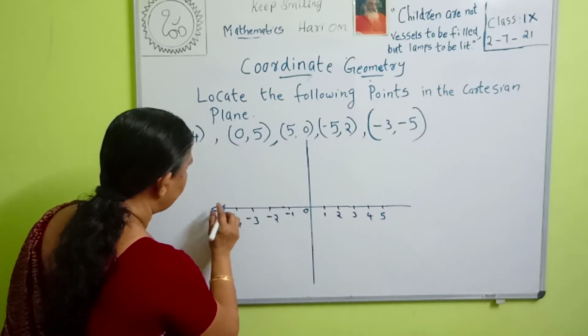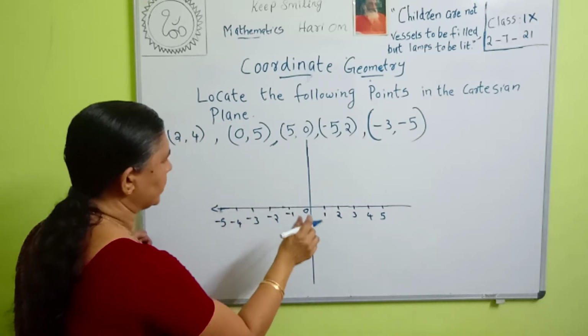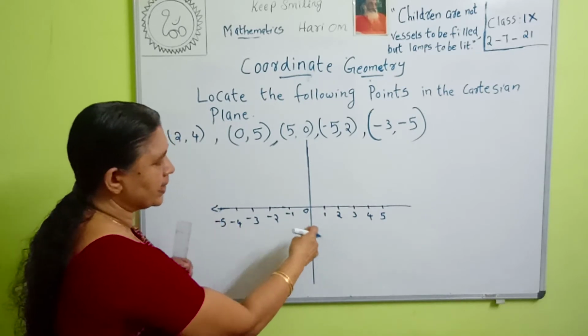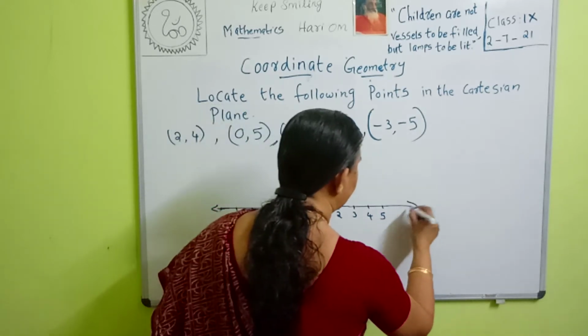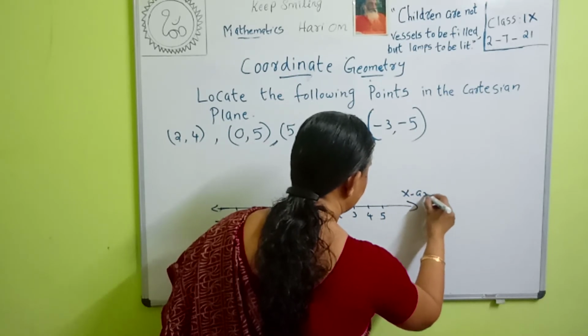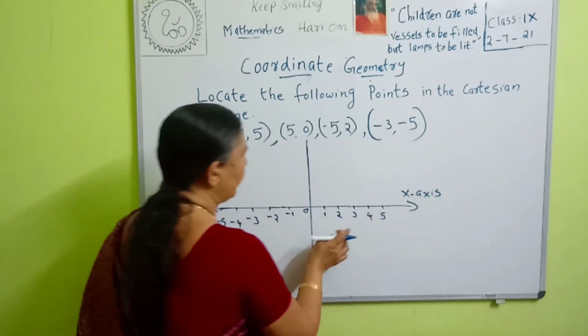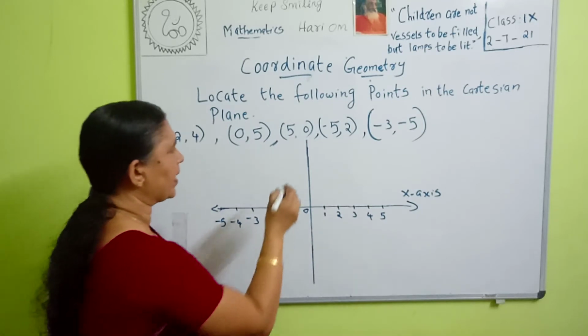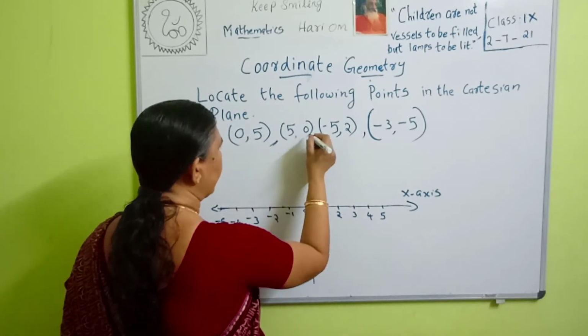So first we draw two axes, the x-axis and y-axis. Then here we mark the x coordinates. Here we write positive numbers. This is the x-axis. Then here we write positive numbers and here we write negative numbers. Then the y-axis, the number above the line is positive.